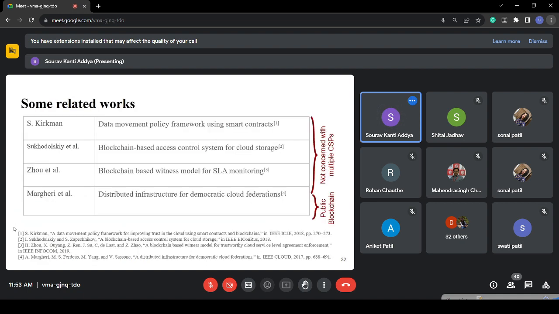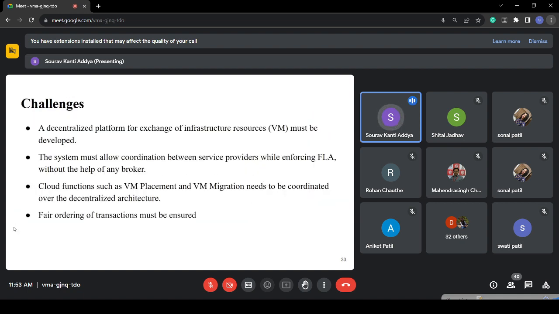But the challenges are these. A decentralized platform for exchange of infrastructure resources must be developed. The system must allow coordination between service providers while enforcing the FLA, the federation level agreement, without the help of any broker. Cloud functions such as VM placement and VM migration need to be coordinated over the decentralized architecture.